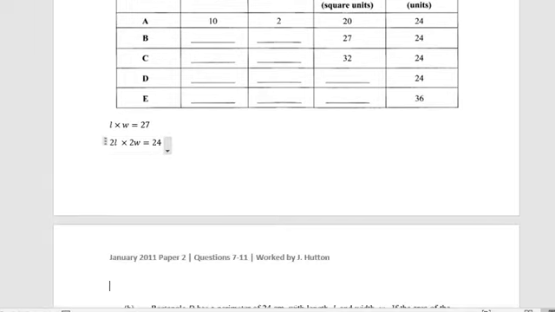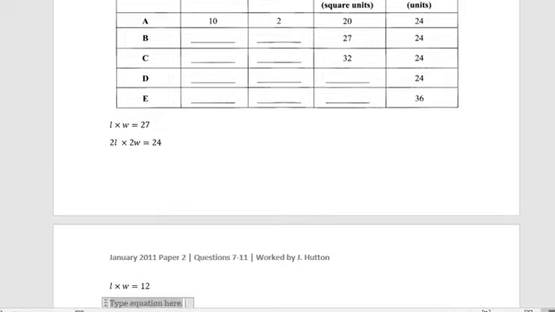So now we're going to divide equation 2 by 2, and what we'll get is length plus width is equal to 12. So now using equation 1 and equation 3, we're going to perform the method of substitution, where I'm going to make W the subject of the formula from equation 3.